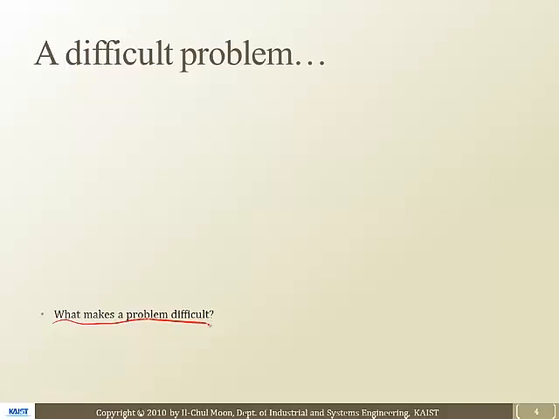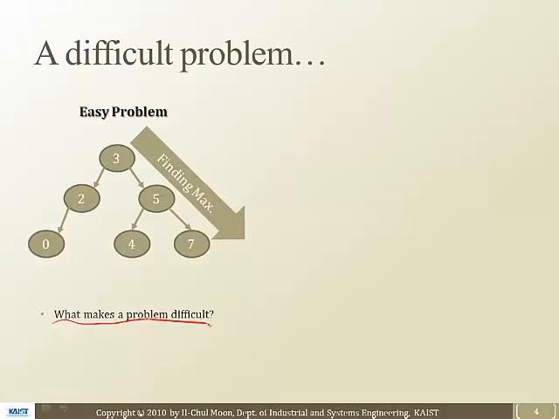What makes a problem difficult? An easy problem is one where there are unique solutions and a pretty simple approach to reach that solution. For example, finding the maximum here is pretty easy because we know the binary search tree is structured to have lesser values on the left-hand side and bigger values on the right-hand side.